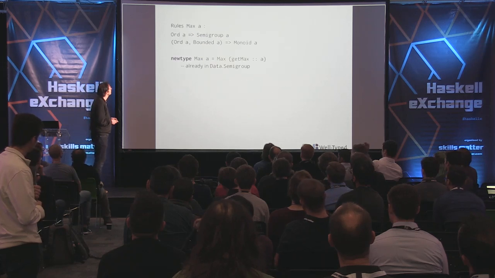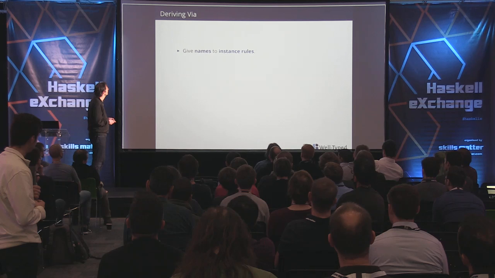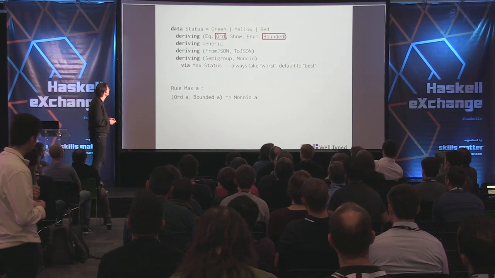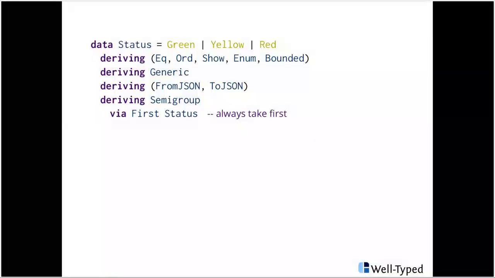If I haven't made a mistake, you'll see that the example I've given for First and Last did only derive Semigroup, but not Monoid. And First and Last for Semigroup doesn't need the Maybe, because you don't have a neutral element. You can simply take the first and the last.